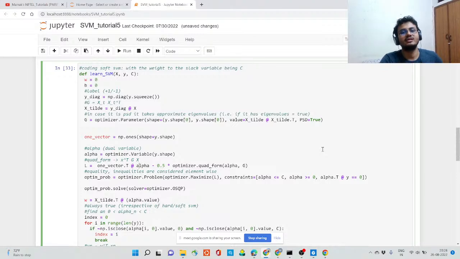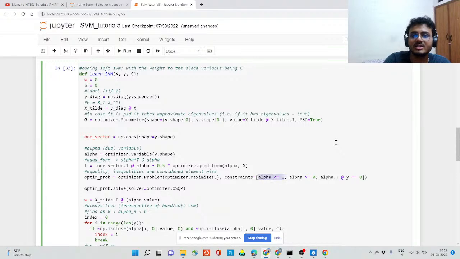This is what I'm writing here, or here alpha to be precise. So I'm defining the optimization problem here, and then I'm optimizing over this. I'm trying to find the maximum here. So maximizing over this with the constraint that alpha is less than C that I told you.